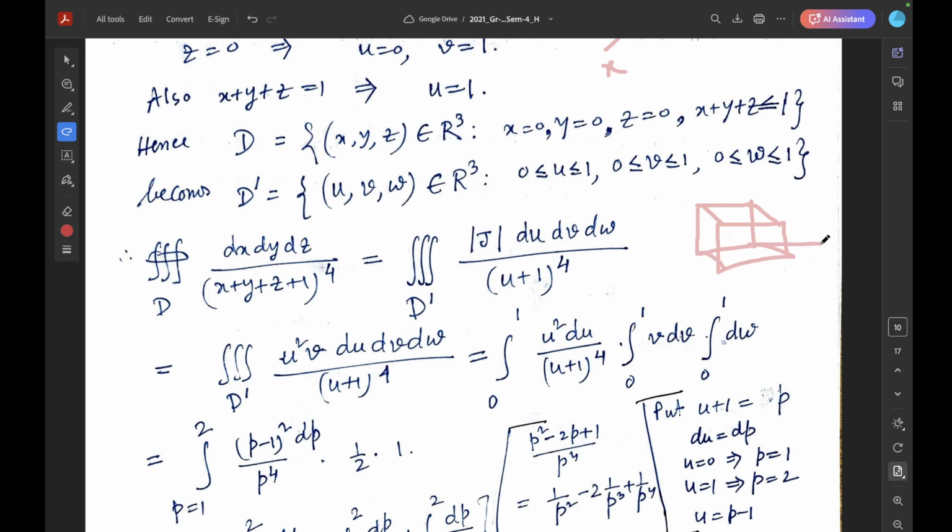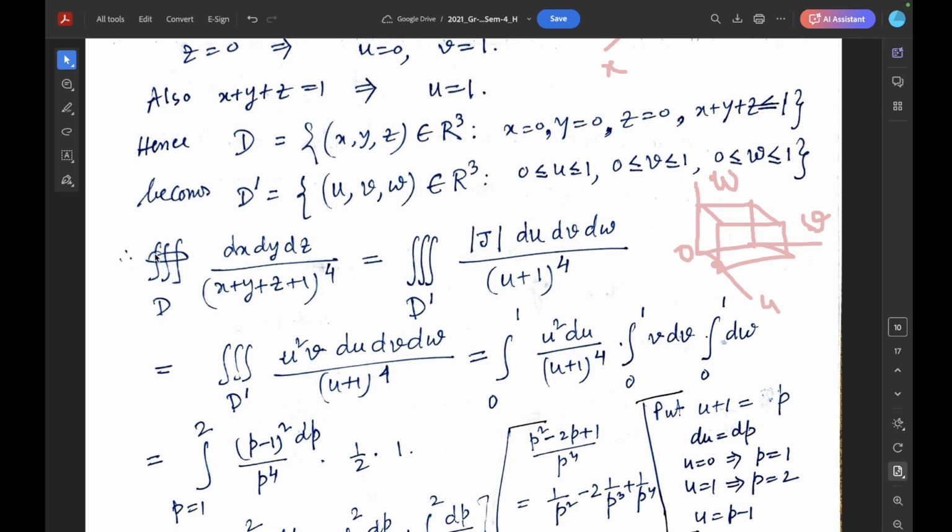This is the u axis, this is the v axis, and this is the w axis. The origin is 0, so u from 0 to 1, v from 0 to 1, w from 0 to 1. So this is the volume in the uvw plane.